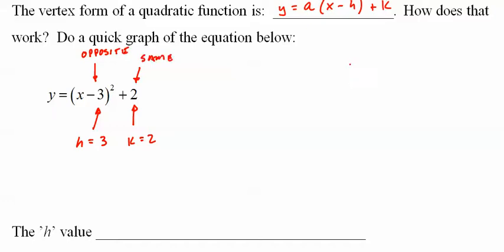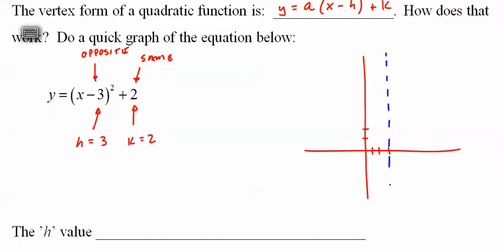So when we go to graph, we go to 3, 2, and we know it's going to point up.